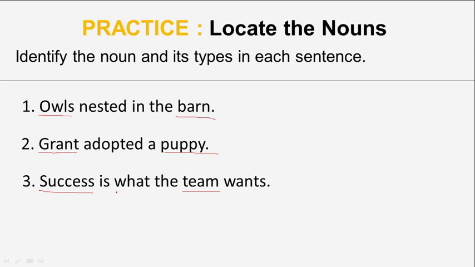Very good. This is an abstract noun because it cannot be discerned by our senses. Is it countable or uncountable? Of course, it is an uncountable noun because you cannot count it manually, you cannot measure it with just yourself.